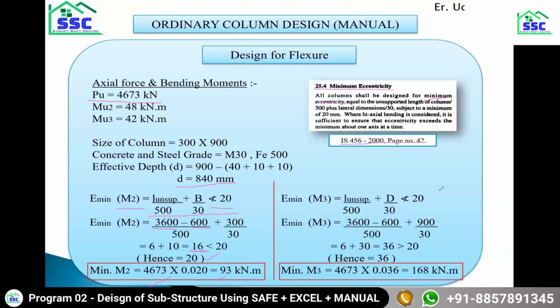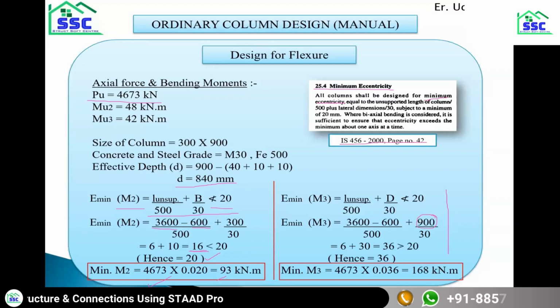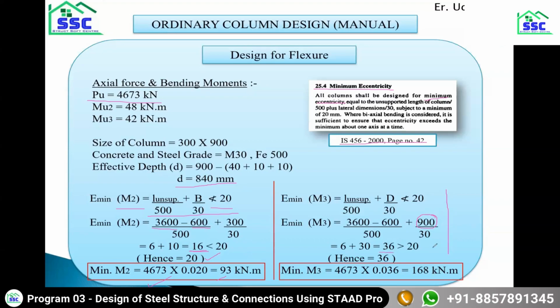Similarly, if you calculate the minimum eccentricity about the major axis, considering the dimension as 900, with everything else remaining the same, you end up with a minimum eccentricity of 36 mm along the major axis.